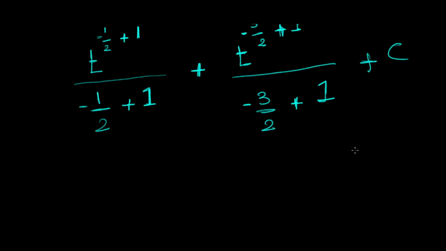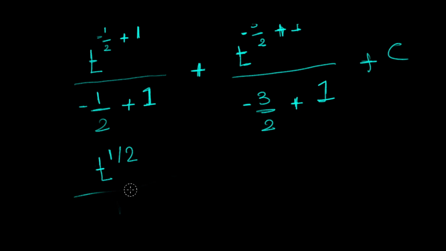Alright, what's negative 1 over 2 plus 1? It's basically just 1 over 2, so let's write t to the power of 1 over 2 over 1 over 2. Let's write it this way so you can see what's going to happen.